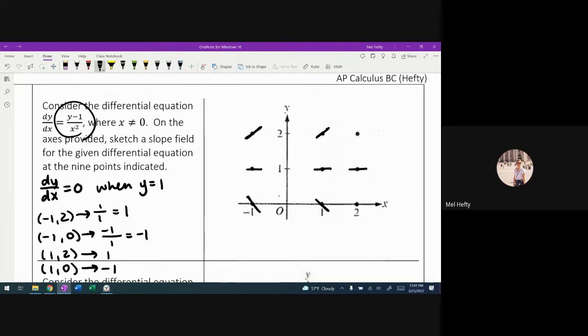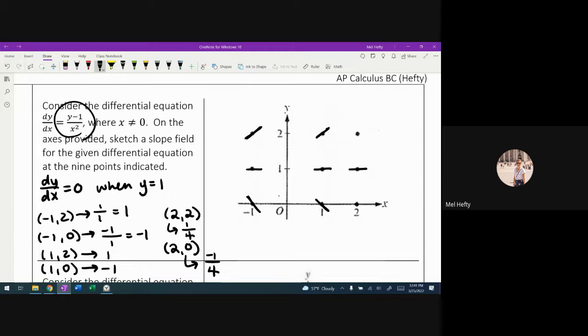All right, the last ones, I've got (2, 2) and (2, 0). This one is going to be 1 over 2 squared, or 1/4. This one is going to be -1 over 2 squared, or -1/4. Now, -1/4 and 1/4 are a little hard to draw.